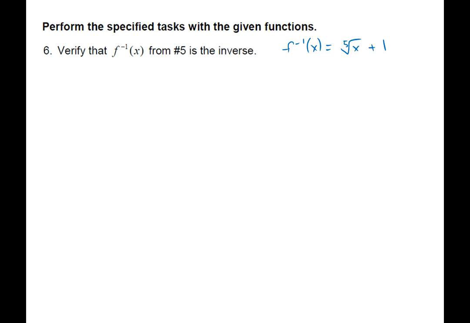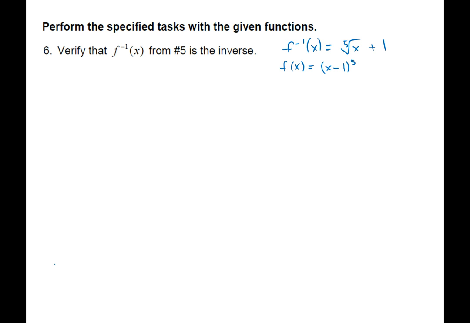My original function was f of x equals, what was it? The x minus 1, sorry, there we go. X minus 1, all that to the fifth power.